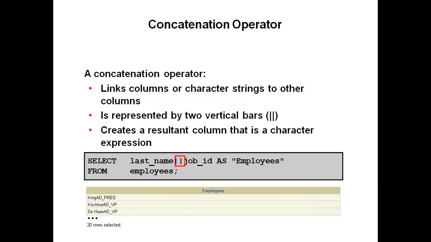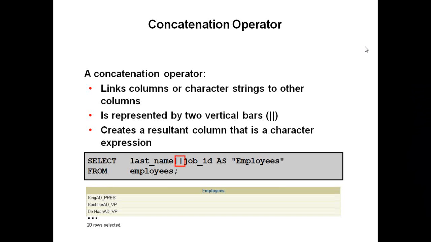Now let us concentrate on the concatenation operator. The name concatenation tells you that it is going to club or combine the content. A concatenation operator links columns or character strings to other columns and is represented by two vertical bars, and the resultant column will be an expression.